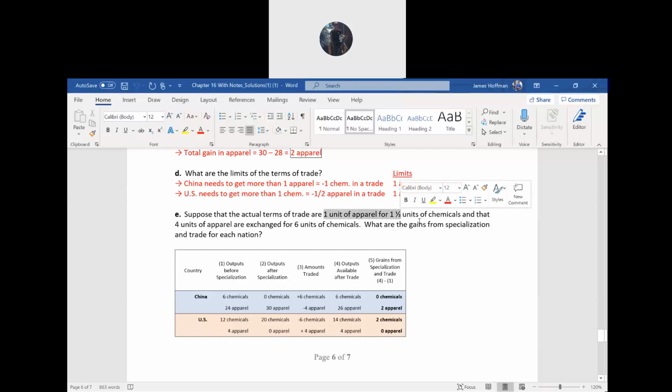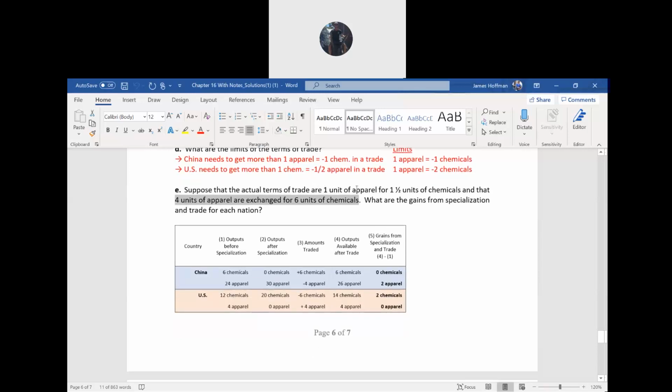And then the actual trade is 4 units of apparel for 6 units of chemicals. 1 unit for 1.5 units of apparel would qualify for 4 units equals 6. Okay, so this is the actual trade deal, and this is the total trade they make. So 4 units of apparel are exchanged for 6 chemicals.